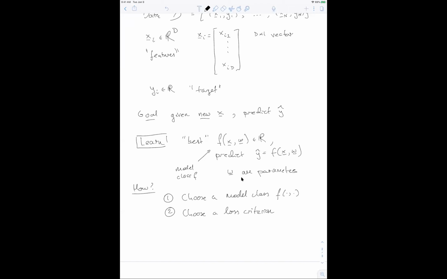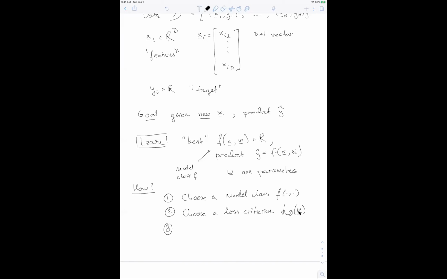How will we know when we've picked parameters that are good? So we need a loss criterion. We'll write that with this script L subscript script D to represent the data. So read this as a function, script L. I'm going to write D just to remember that the function carries the training data with it, and it's a function of the parameters w. And it returns a real that represents how good the model is for the parameters w that we pick.